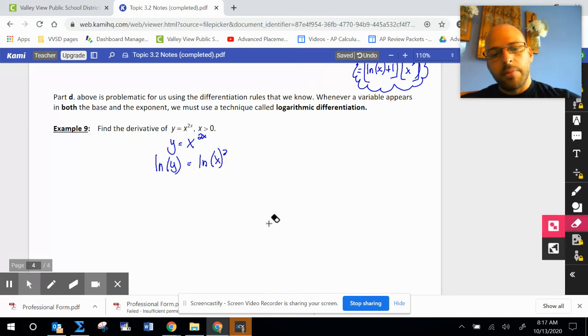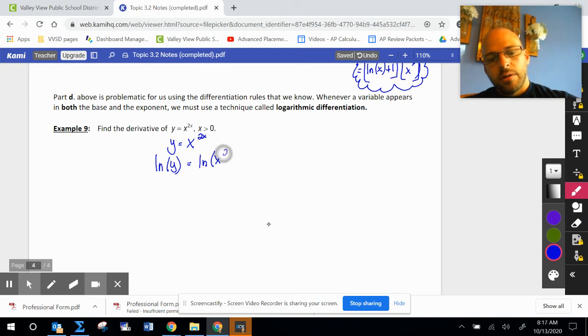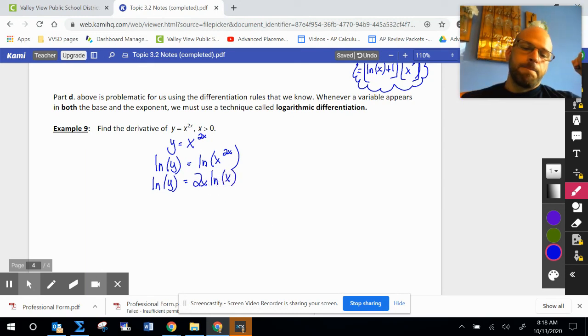Oops, let me write my problem correctly here. All right. Now, when you have an exponent in a log, we have a property that says we can make that a coefficient.